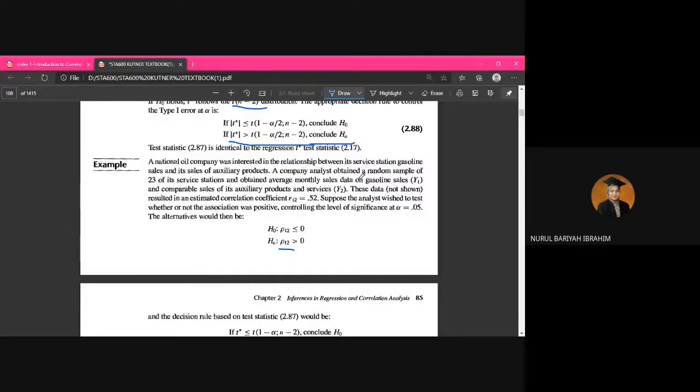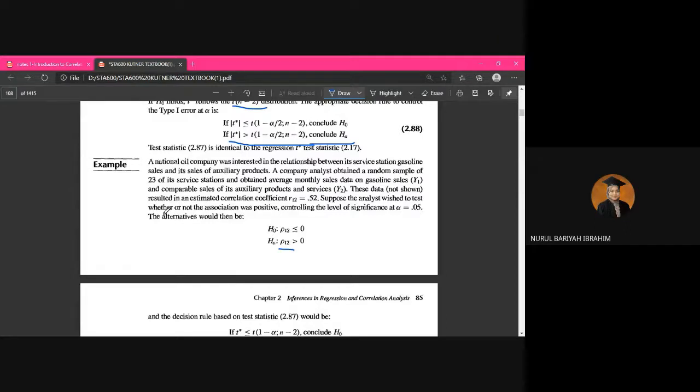A company analyst obtained a random sample of 23 of its service stations and obtained average monthly sales on gasoline and comparable sales of auxiliary products and services. This data resulted in an estimated correlation of 0.52. Suppose the analyst wishes to test whether or not the association is positive.